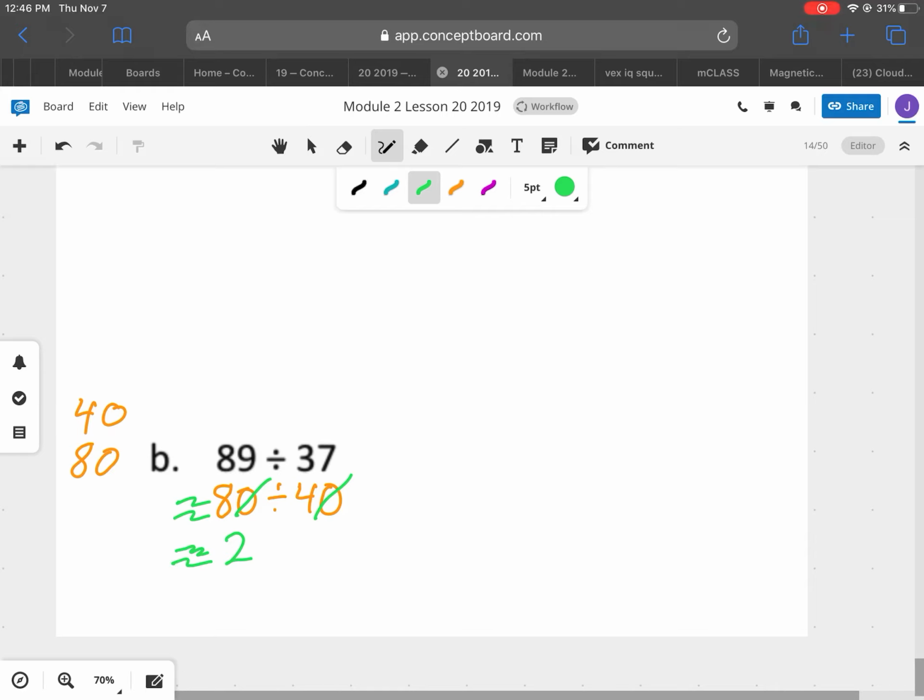All right, so what are we going to do with that? We are going to use that for our division. We're going to take our 37 and multiply it by 2, and that gives us 74. 74 is less than the 84, so we're going to be able to subtract it.